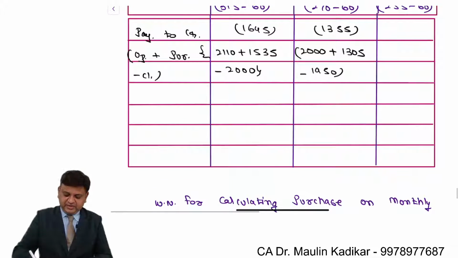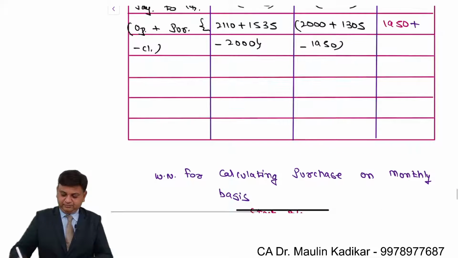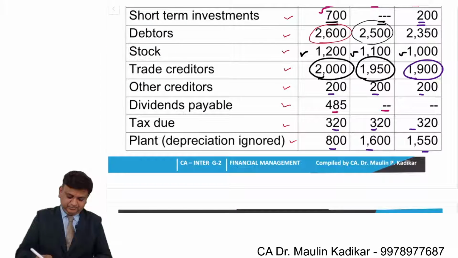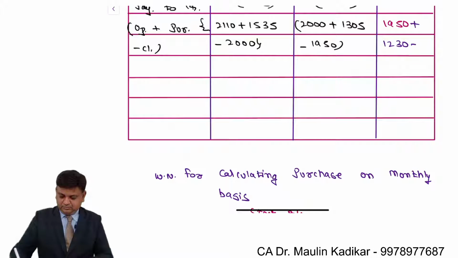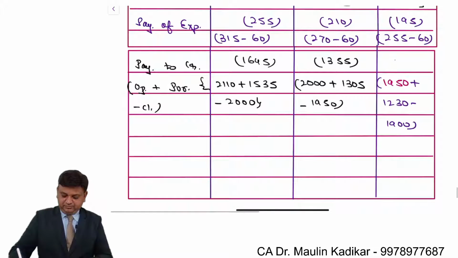Next, 1950 is opening plus purchase, it is 1230, minus closing. The closing is 1900. So 1950 plus 1230 minus 1900. So it comes to 1280.